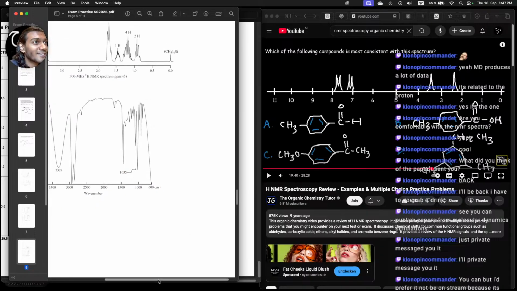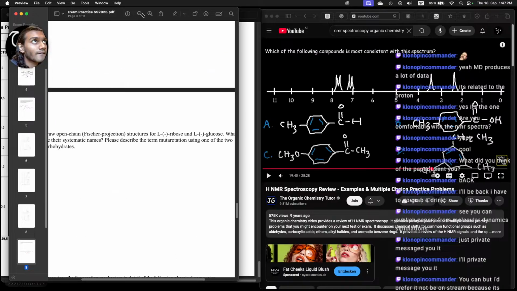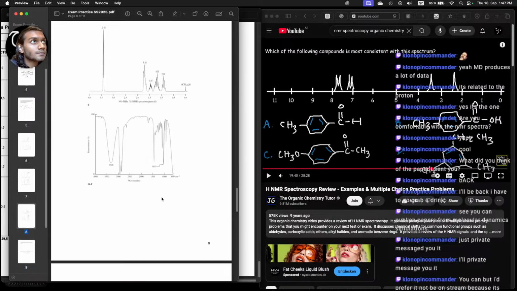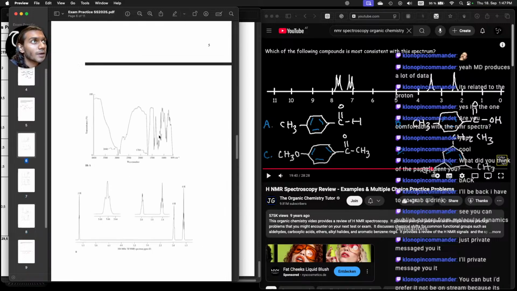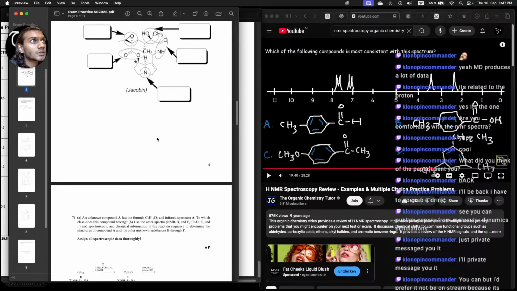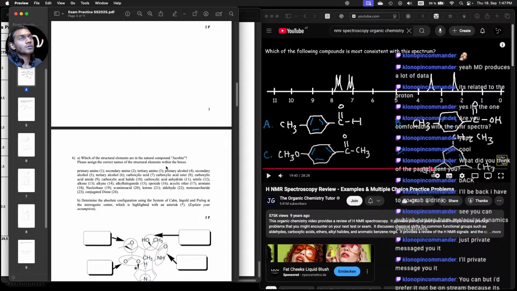Then we got, I think this is the hardest part of this exam, the NMR. All the other stuff I just need to remember.